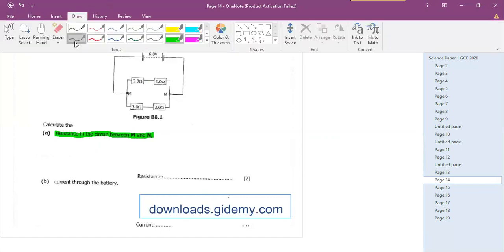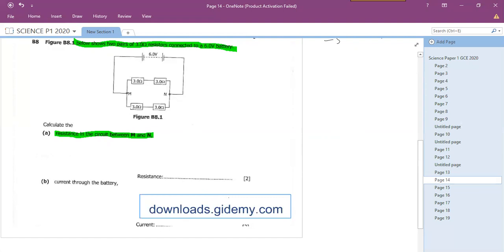So we want to calculate the resistance between this point here, M, and that point there, N. Notice that the resistance between these 2 points is actually the total resistance in the entire circuit. The two resistors above are connected in series, and the two resistors below are also connected in series.